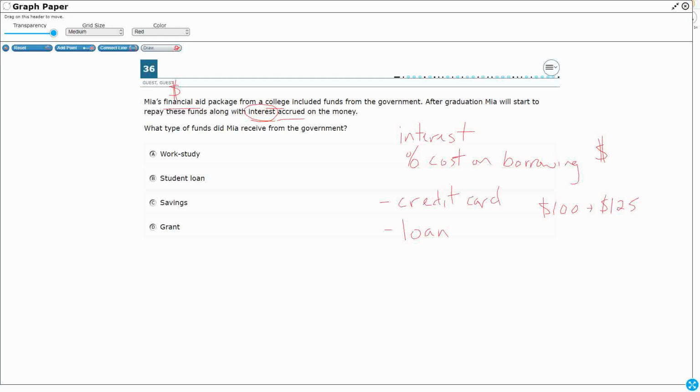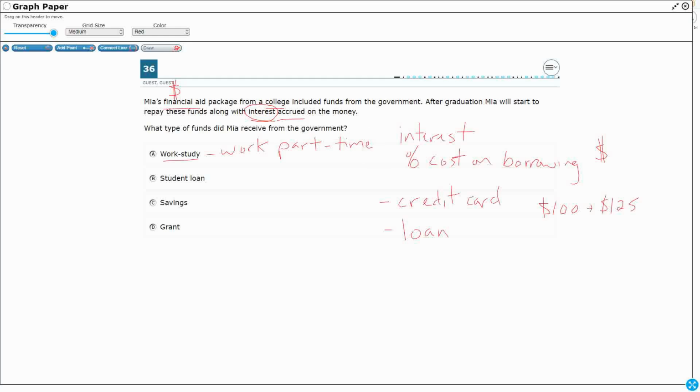So Mia has a financial aid package that includes funds, money, that accrues interest, or earns interest. One of these is going to accrue interest. So let's look at these four. Work study is pretty descriptive of what it says. This is a program in which you work during college.